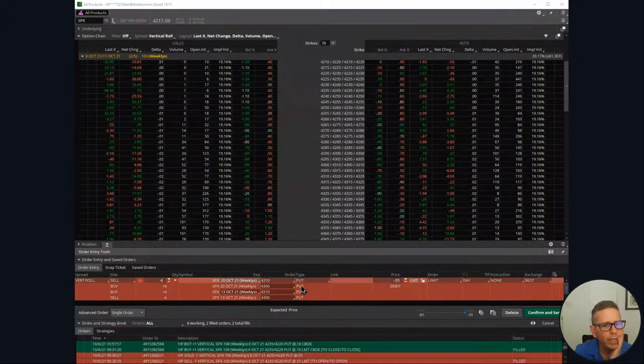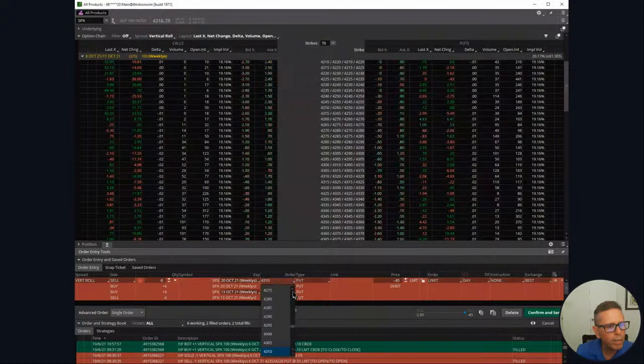All right. And in this case, if it's breached, I would roll this up a little bit. So I would take the 43.10 and move it up to, let's say, 43.20.